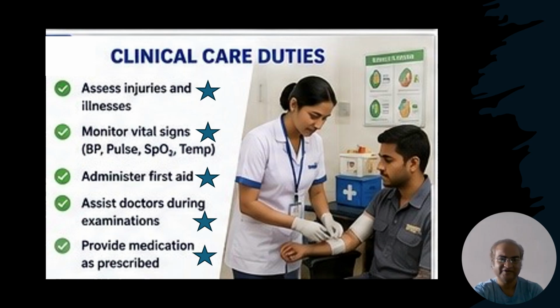So among all these, I need to emphasize on administer the first aid. As soon as you come across a casualty or patient, first you need to administer the first aid. Please remember this. This is very important. Don't just put the patient in the ambulance, first give him the first aid.